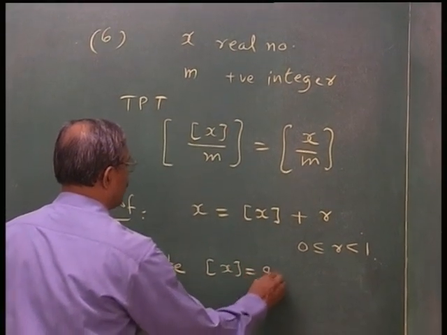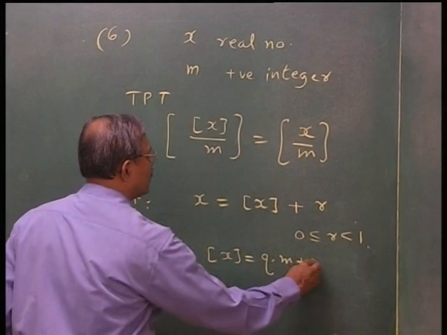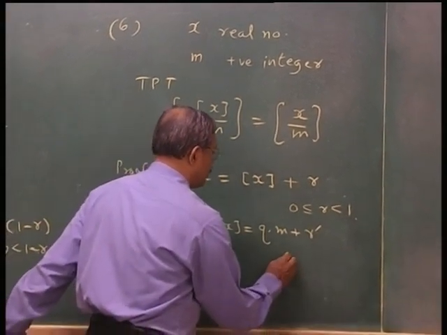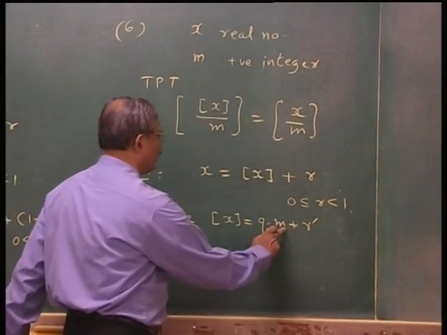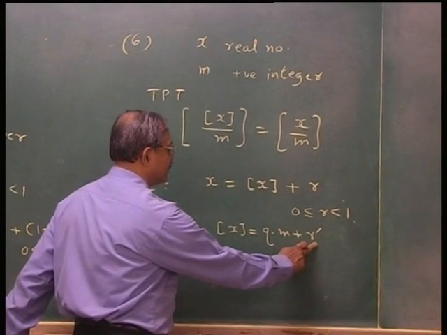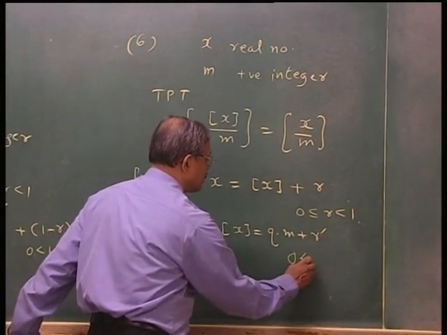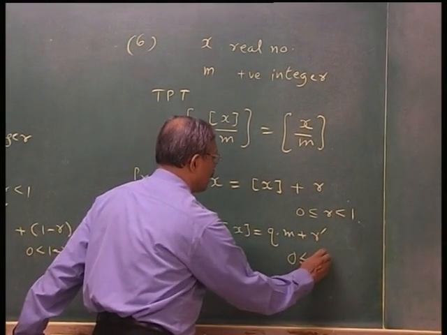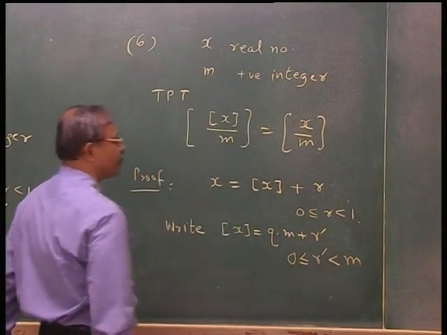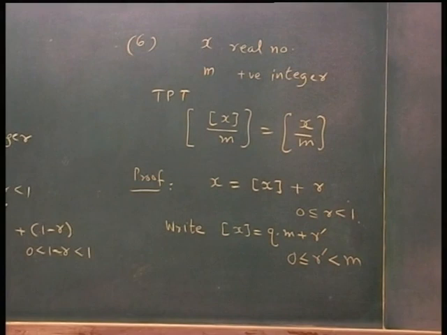So write it as q times m plus r dash, where you are dividing by m. So this remainder r dash is such that 0 less than or equal to r dash less than m.